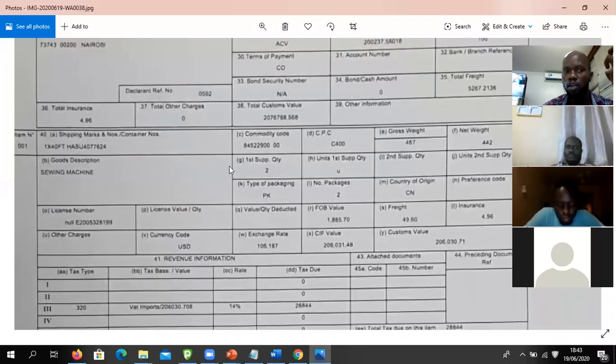These are 2 sewing machines together. Like in this particular consignment, sewing machine. So therefore, we had only 2 sewing machines. So therefore, there are 2 units. So this is the unit of quantities. So the unit being 2 units. If they were maybe in terms of bags, then therefore they would refer to maybe kg, 25 kgs together. So these are 2 units.